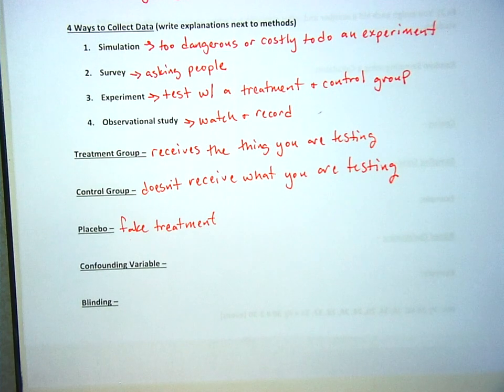So let's say that you get migraines all the time, and for the experiment, they give the treatment group the migraine medicine, and the control group they give sugar pills, which is essentially a pill that does nothing, right? And then both groups say that their heads feel better. Well, then it's probably not the medicine, it's probably just the placebo effect.